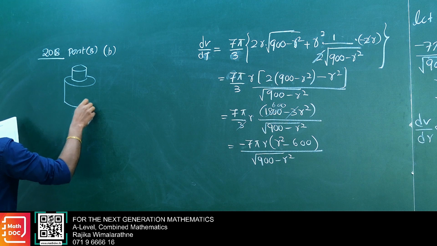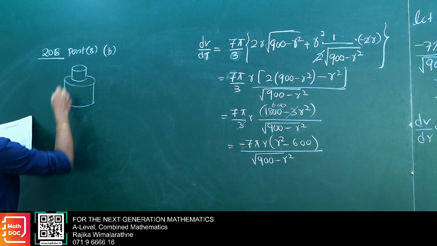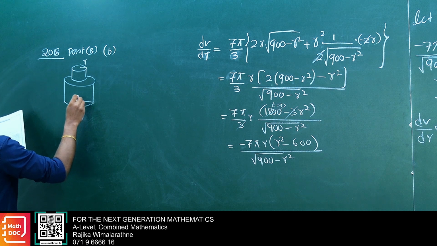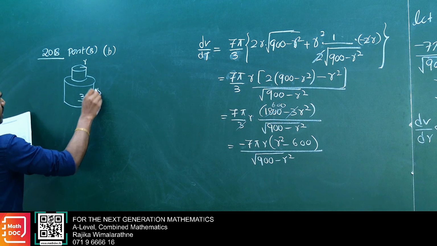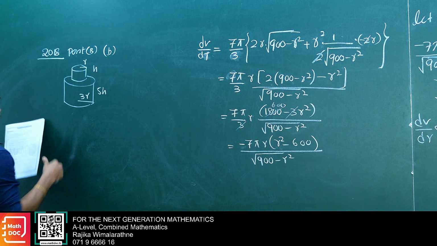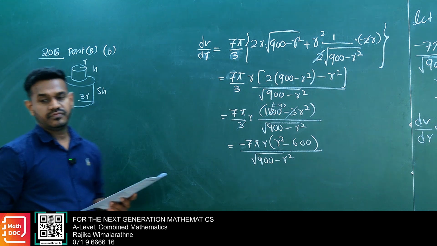Here the shape. Here radius r. Here radius 3r. Height 5h and h.